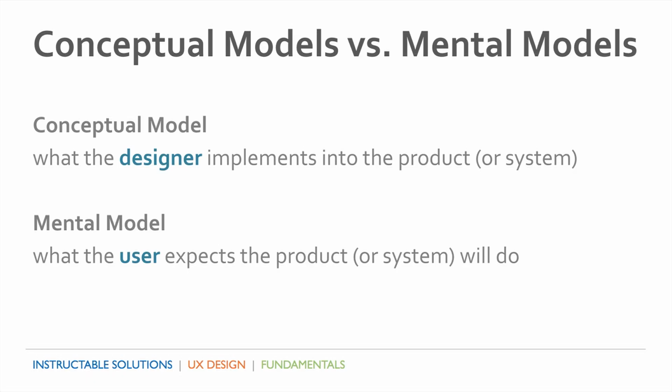A conceptual model is what the designer implements into the product or system to address a specific requirement. And they follow those dimensional attributes of interaction design, as we talked about. The mental model is the mental state of the user and what they expect the product or system to do.